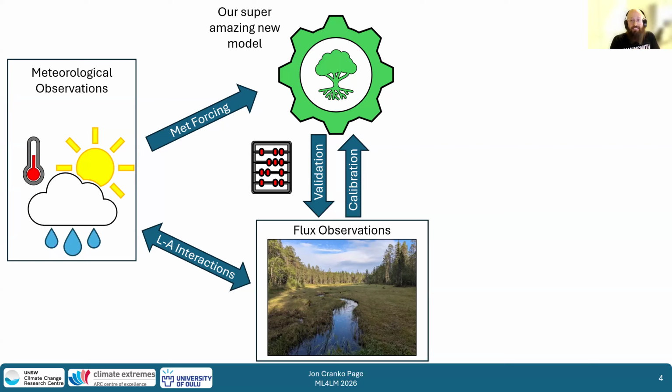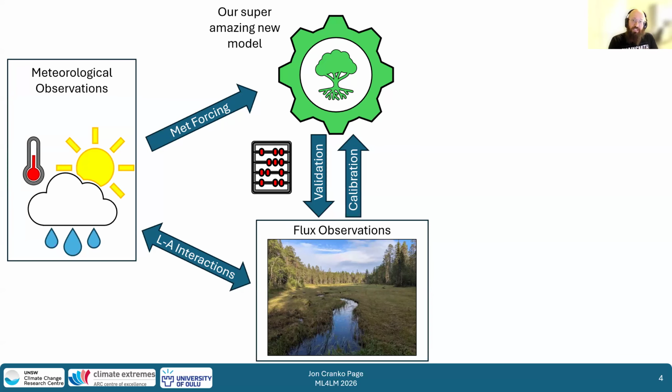And we have a land surface model, which throughout this is indicated by this green tree and a cog. When you're comparing your land surface model outputs against your flux observations, you're probably really doing this as calibration or validation for your model, which isn't really benchmarking.